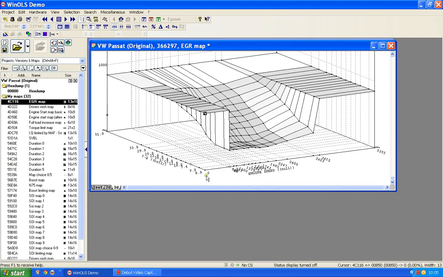Let's pick a very low injection figure. Now the lowest is 0, which obviously is meaningless because the engine wouldn't be running then. But there's one here that's probably the second one in, which is about 7 milligrams. So we would be injecting about 7 milligrams, somewhere around here on the map, and because we're talking about engine speed, we're going that way.